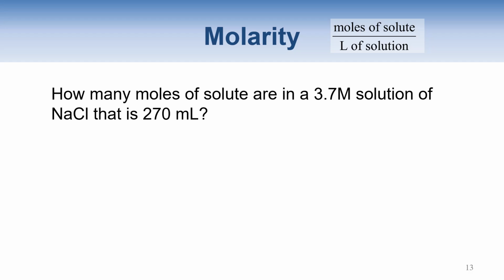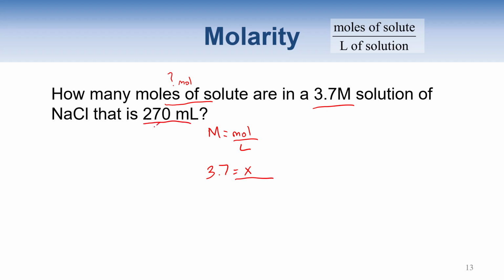All right, here we go. So how many moles of solute? So we're looking for question mark moles. Are in a 3.7 molar solution. So we have 3.7 is equal to X, because we don't know how many moles, and then over liters.